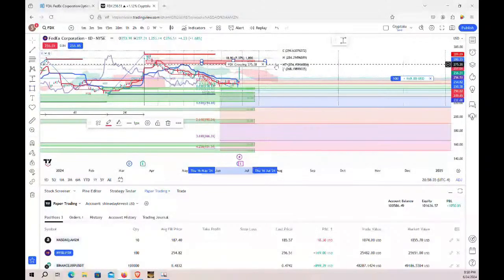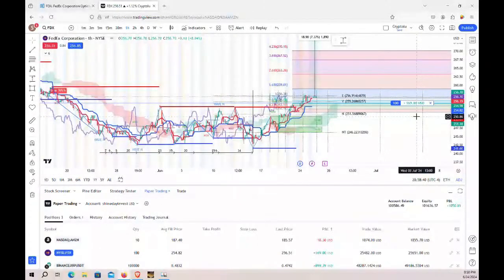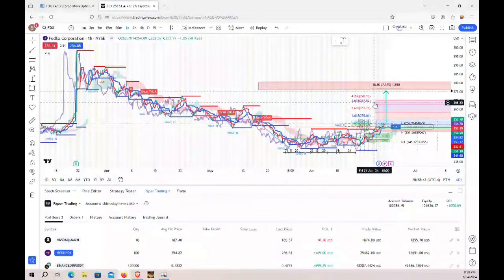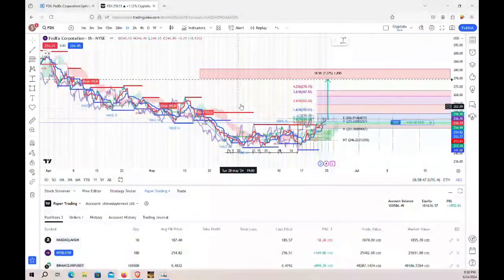So I have to see tomorrow how the stock behaves. What was the behavior of the stock? Well, as you can see, you're going to break a lot of resistance at that price to move all the way up to make anything happen.